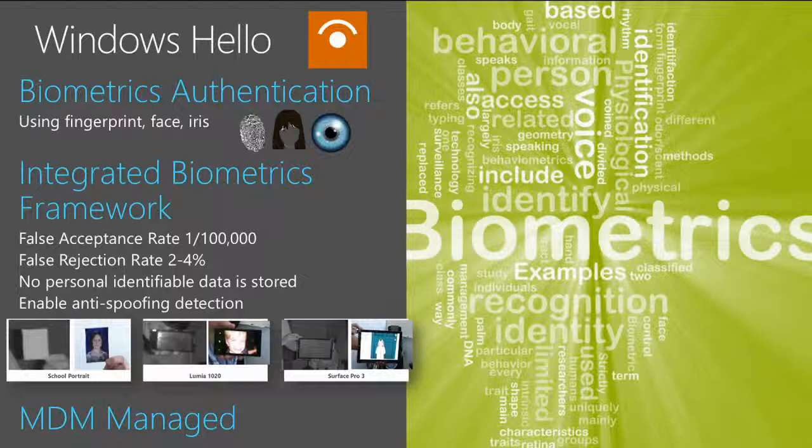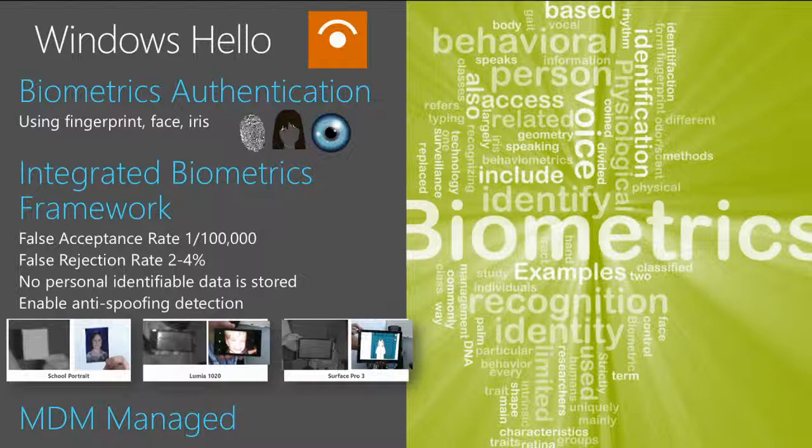And I believe if you look at the Build presentations last week, they did some really cool demos on it. It is really as simple as standing in front of your camera, it recognizes you, and you're unlocked in your screen. You will see this coming to mobile devices more and more as well, because, like I said earlier, using passwords is not a very user-friendly way of unlocking mobile devices.